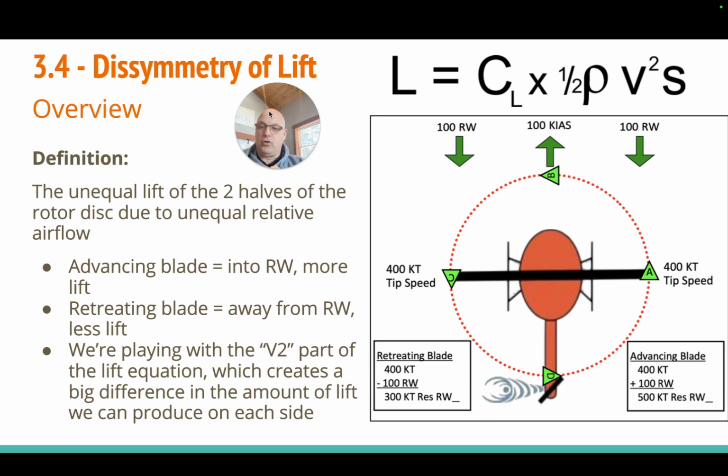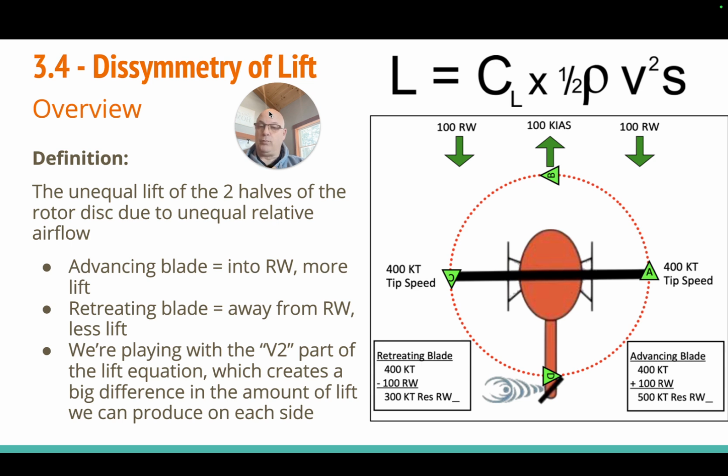As our rotor system is turning counterclockwise, the blade on the right side is exposing the leading edge of the blade itself, versus the other side, at the 9 o'clock position, which will be exposing the trailing edge. So even though the tip speed of both is going to be equal at 400 knots, the amount of lift being generated is different, right?